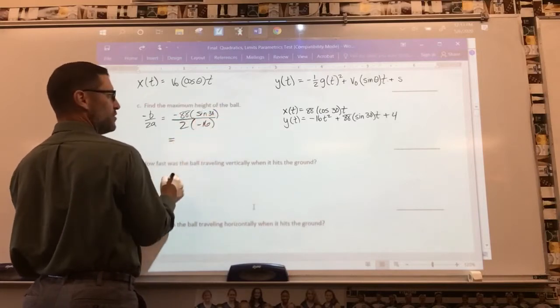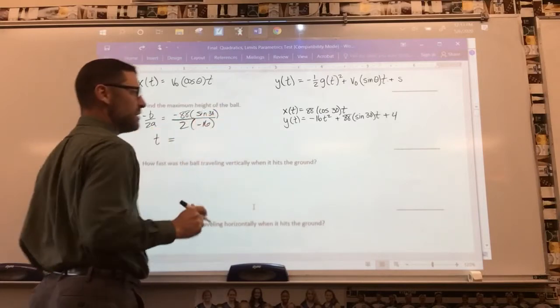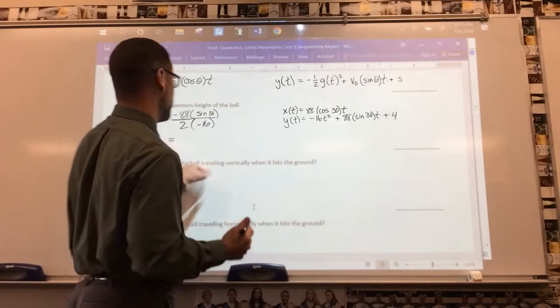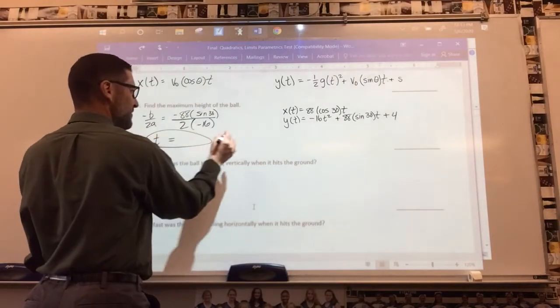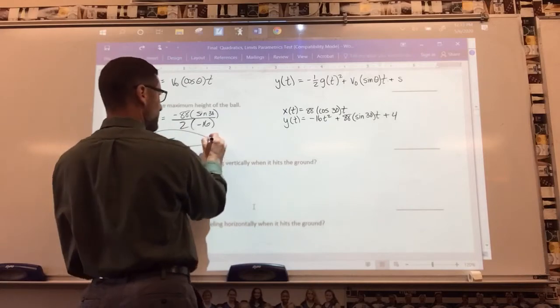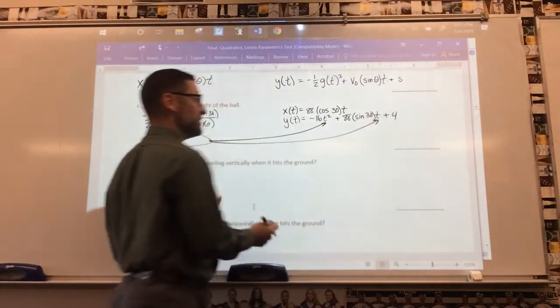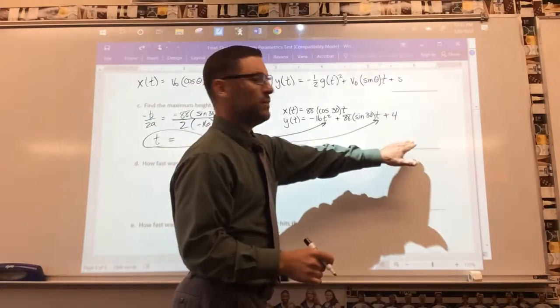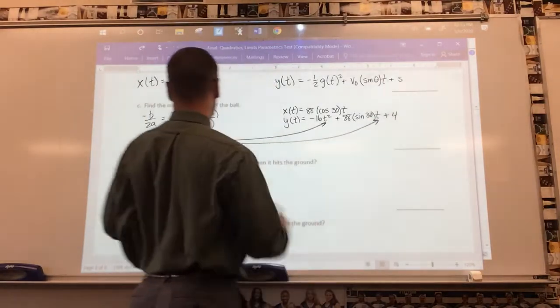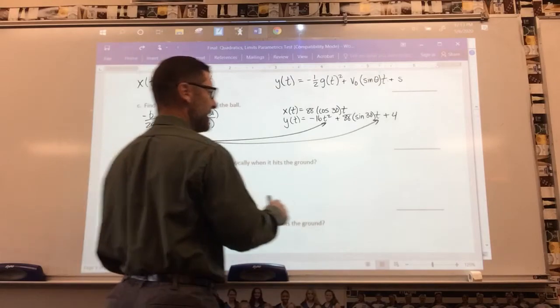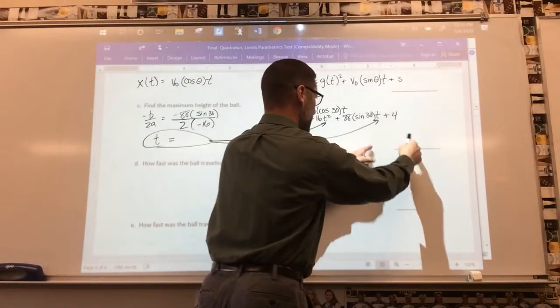You're going to find a value here, and that value is how long it took to get to the max height. Then you take that t value and plug it into the y equation, and whatever you get out of that is how high it went. The first number is how long it took to get to the height. The second number, when you plug it in, is how high it went.